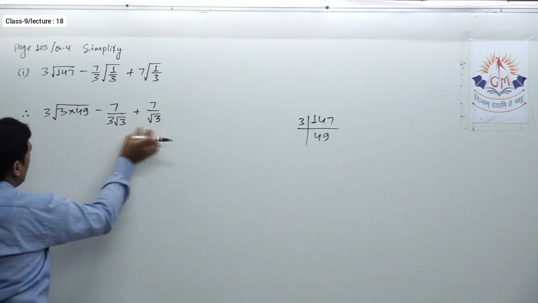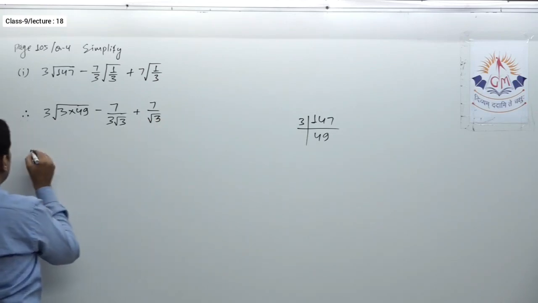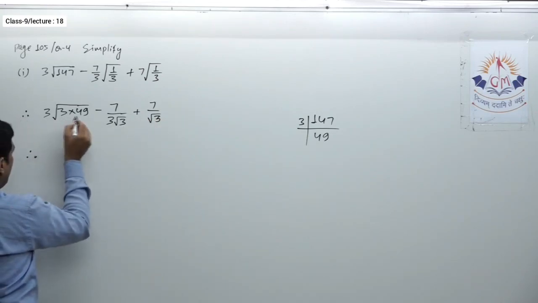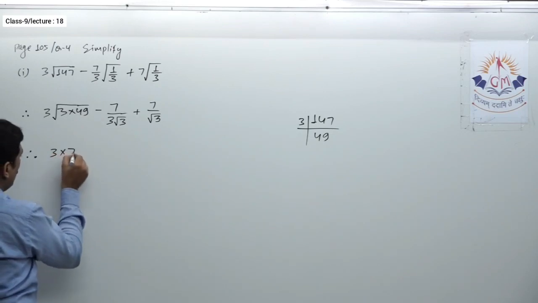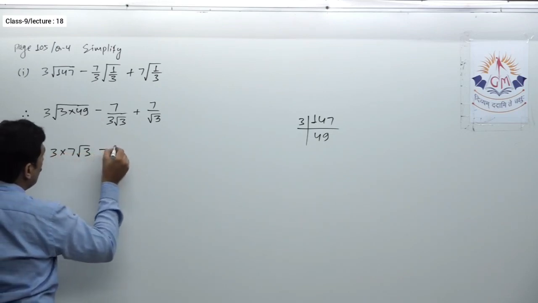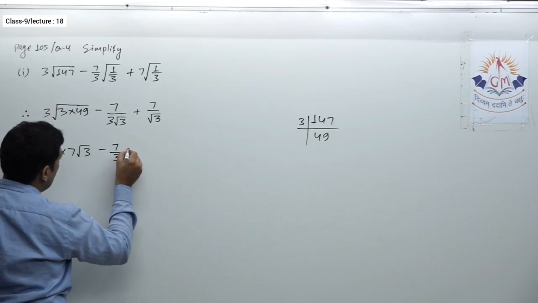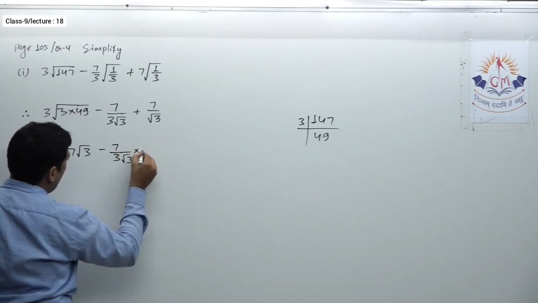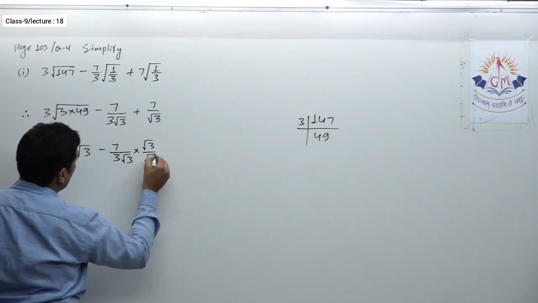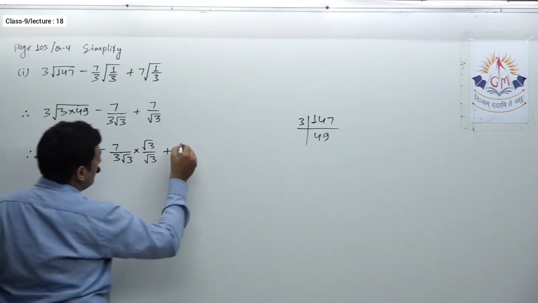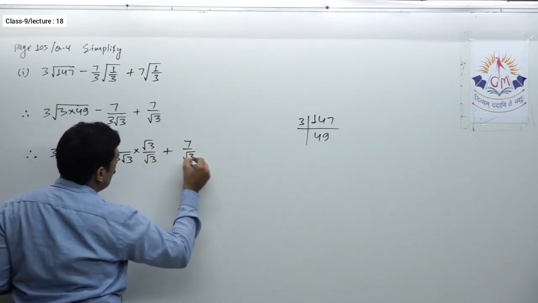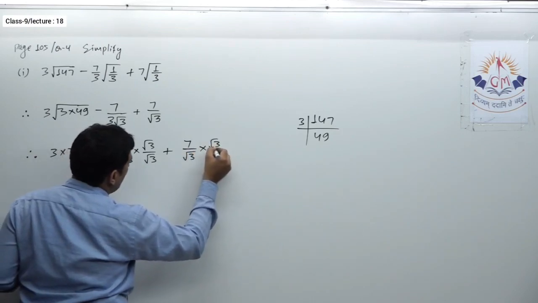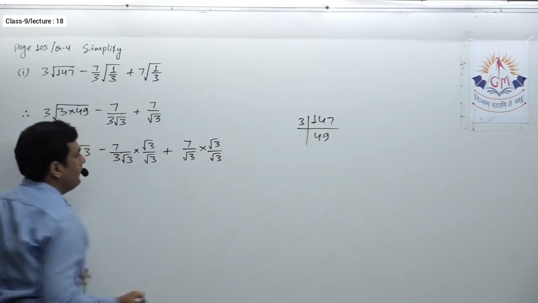Now we'll make these two denominators rational, as well as simplify over here. So 3 into 7 root 3 minus 7 upon 3 root 3 multiplied by root 3 upon root 3, plus 7 upon root 3 multiplied by root 3 upon root 3.